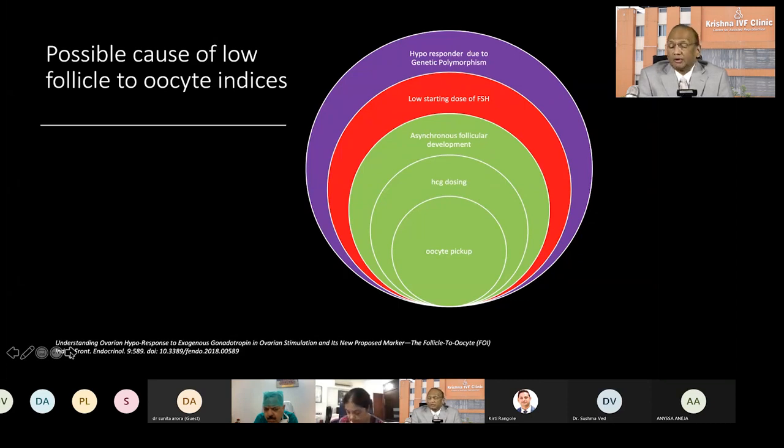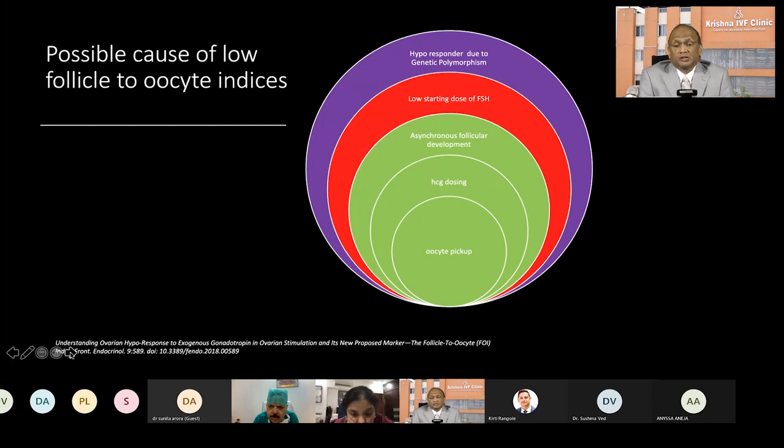The third is inappropriate, asynchronous adjustment of the dosage, which will give you different cohorts of follicles, because now it is known that in a given menstrual cycle there can be 2 or 3 cohorts of follicles developing, and if you adjust your dosage in an erratic fashion like a step-up protocol, then you are stimulating asynchronous follicle development, and you might have different sets of follicles, but none being dominant.